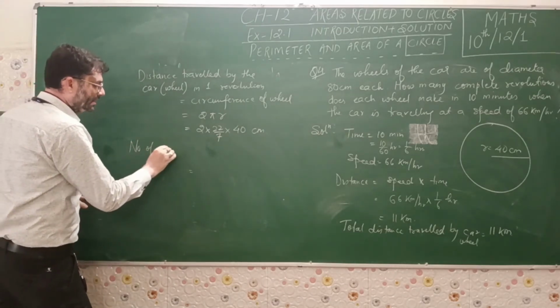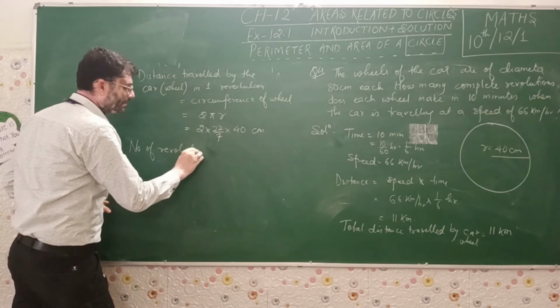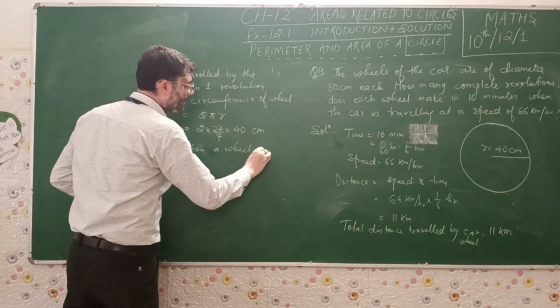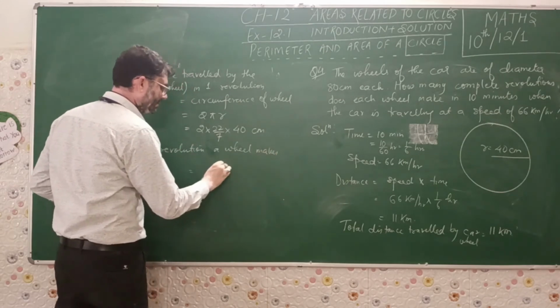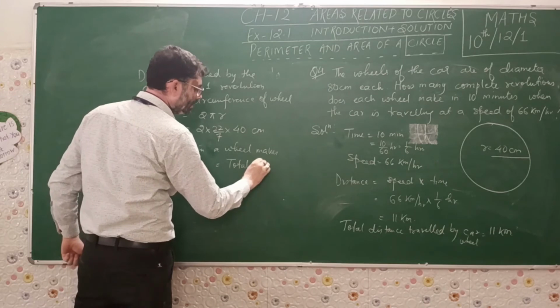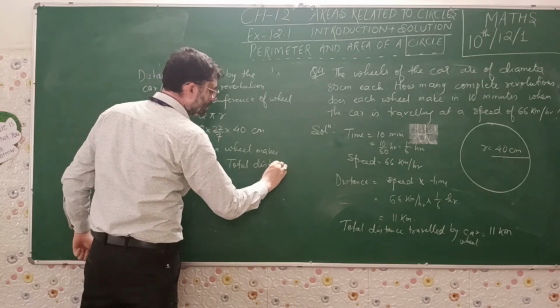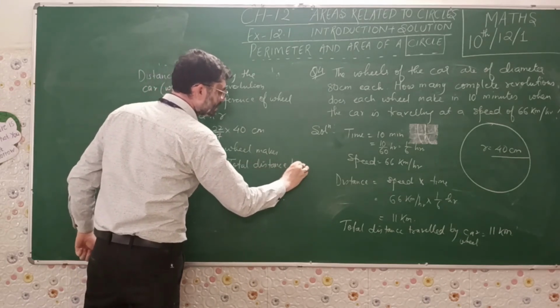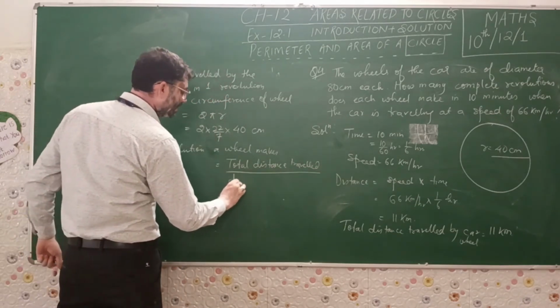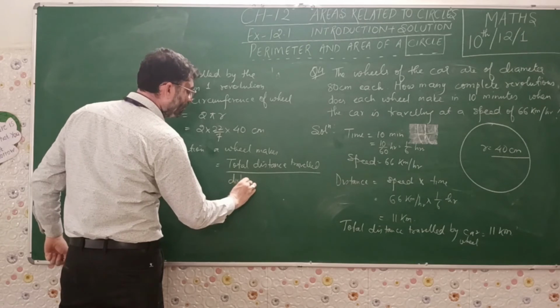Number of revolutions a wheel makes is equal to the total distance traveled by the wheel upon the distance traveled by the wheel in one revolution.